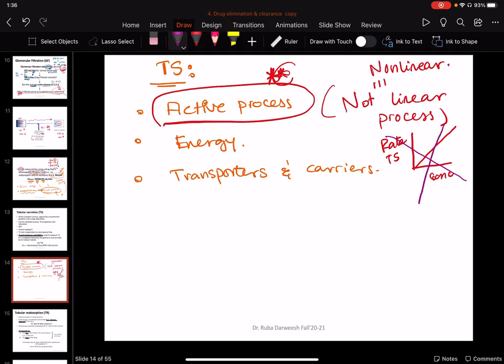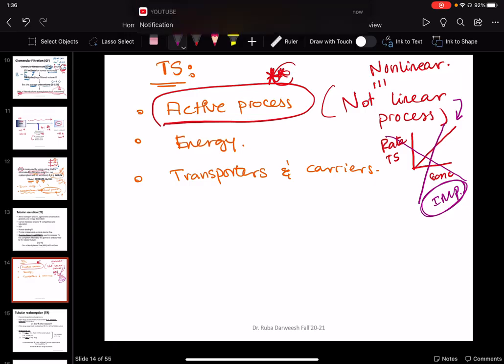So it's not linear, so it won't give a linear relationship, and this is important to keep in mind. It's very important to keep in mind that the concentration versus the rate of tubular secretion won't be linear.